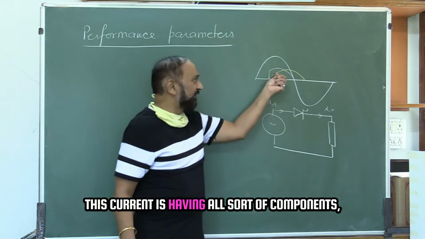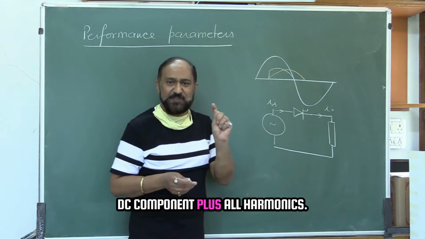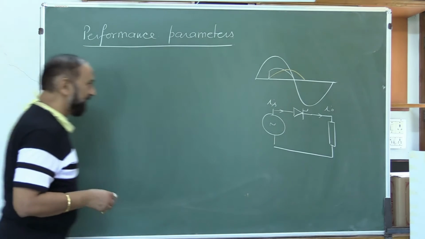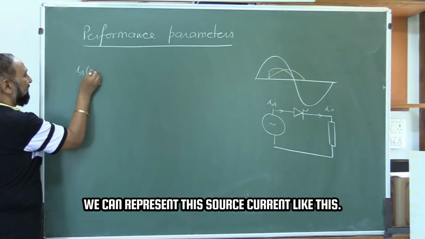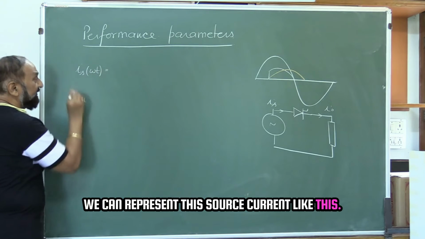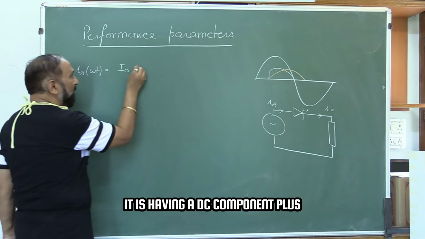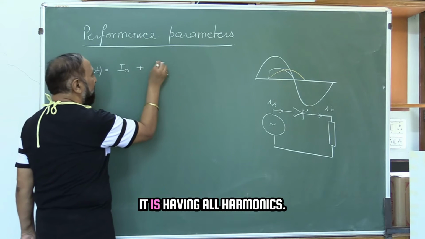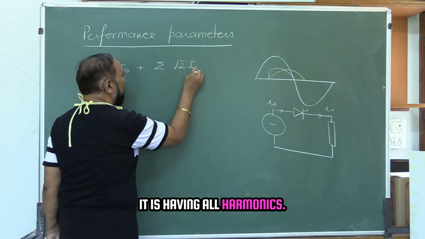This current has all sorts of components, a DC component plus all harmonics. We can represent this source current like this. It has a DC component plus all harmonics.